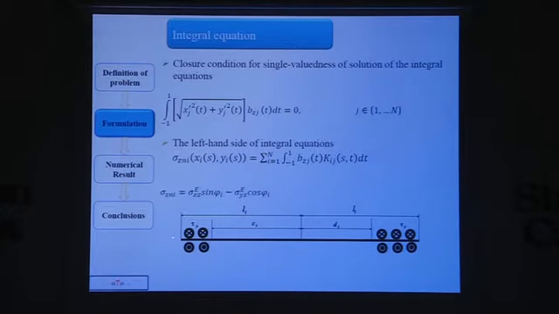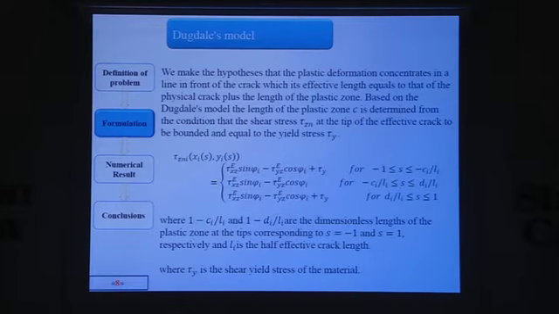According to Dugdale models, we have a physical crack from here until here, and we have another extended crack from here until here. The new tips of the extended crack are not singular, and we will apply the regularity of the stress components at these tips, this one and this one. And this is the left side of equation by considering the Dugdale models.